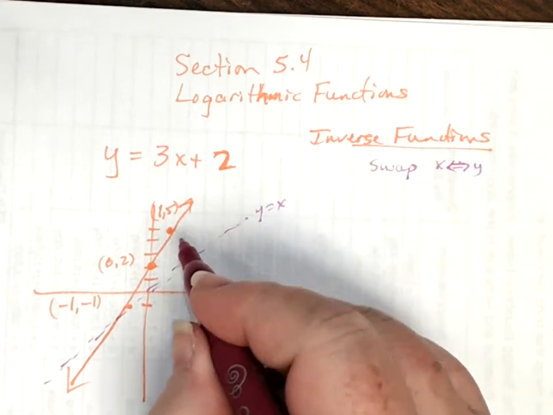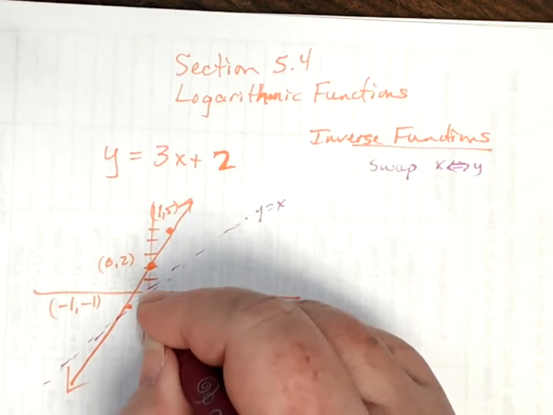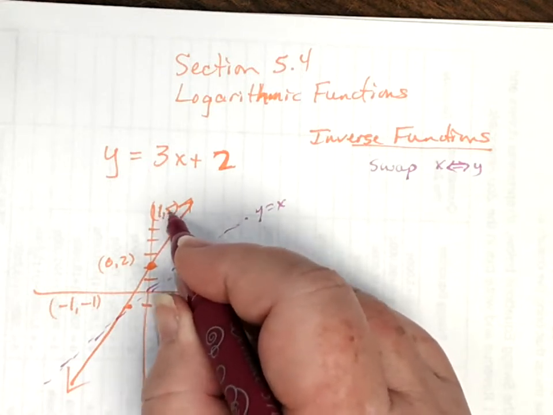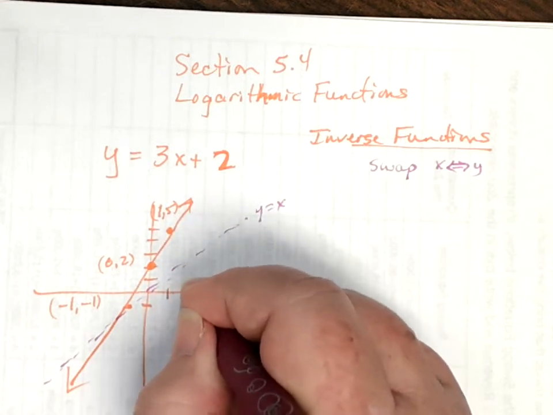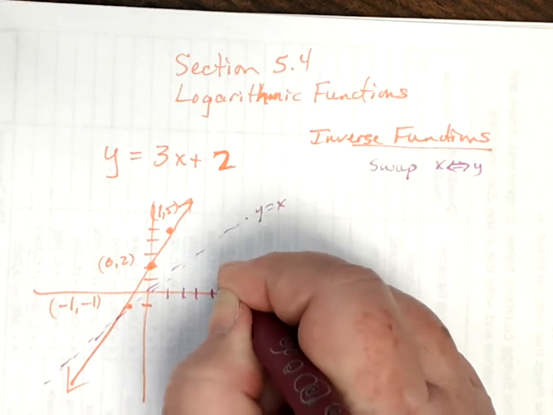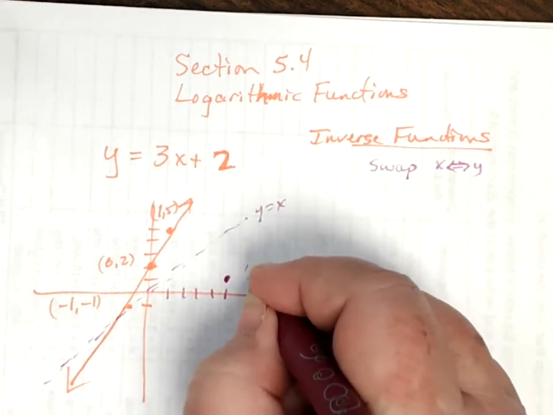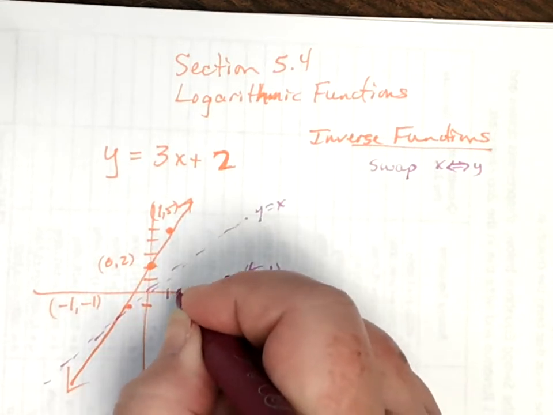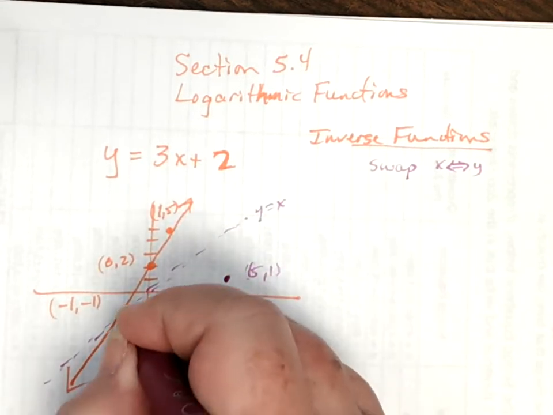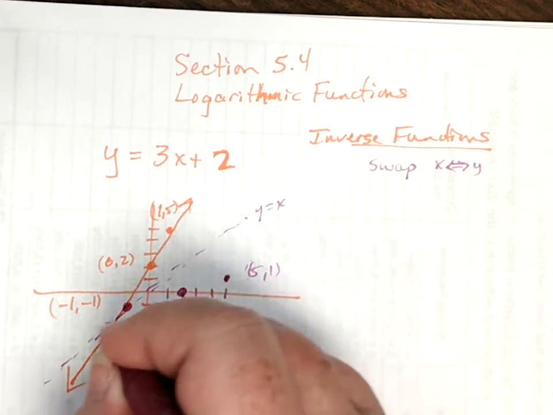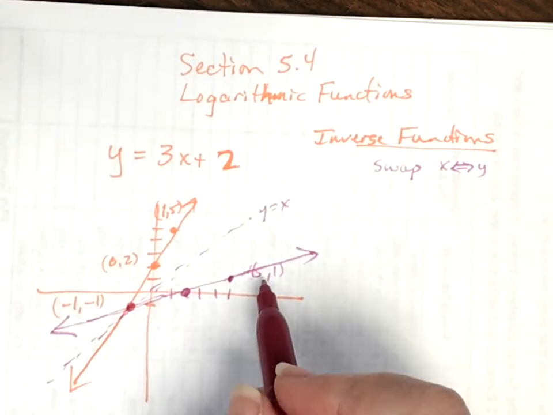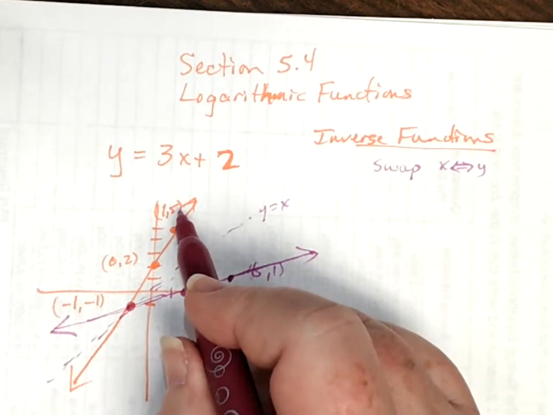If I plot 1, 5, I switch those to 5, 1. So we go 1, 2, 3, 4, 5, 1. Then I plot 2, 0. And negative 1, negative 1 stays the same. I now have the line right here that is the inverse of that function.